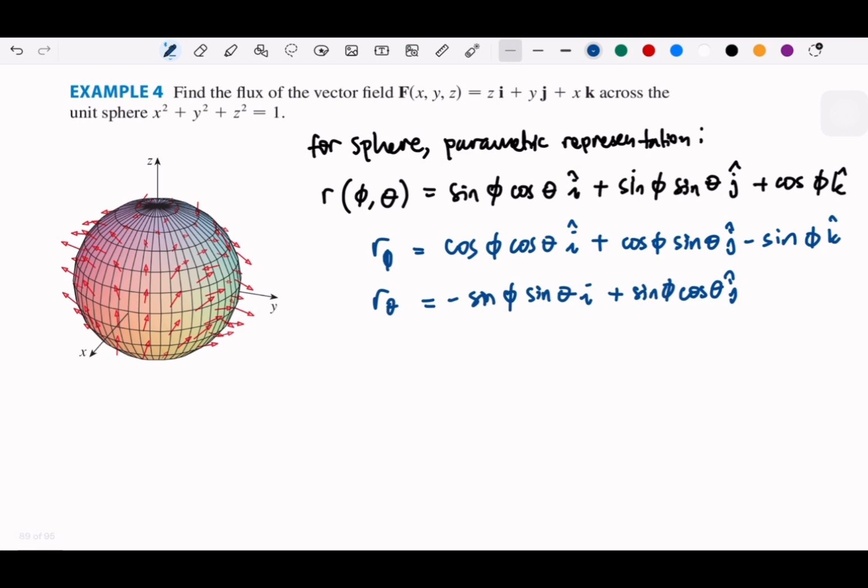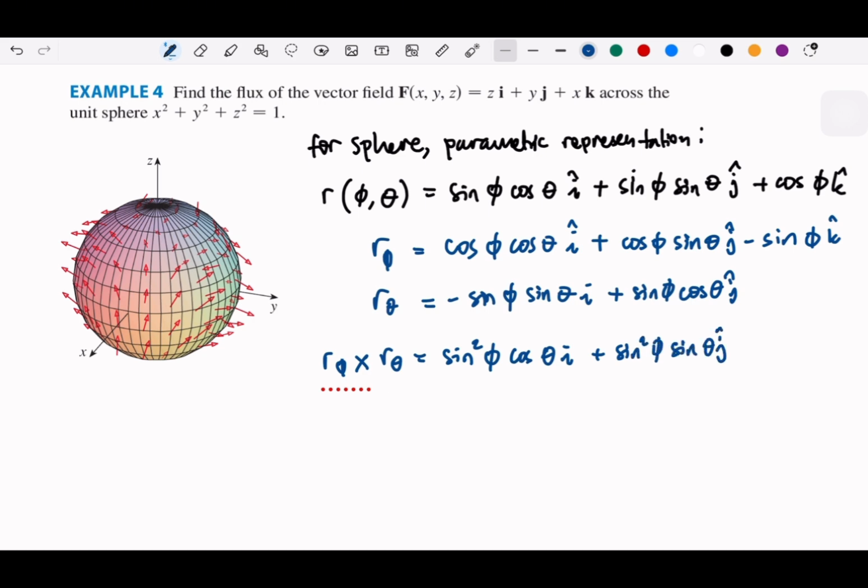And then we take the cross product. I think we have done this in the previous example, so I will just write the result.